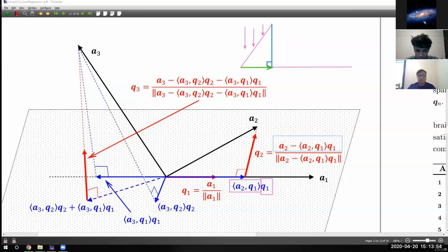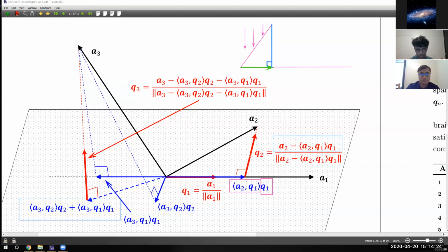And this part is the shadow of A3 onto Q1. Here project means orthogonal projection. Okay. So here I have 90 degrees, here I have 90 degrees. And hence this vector is the summation of these two.